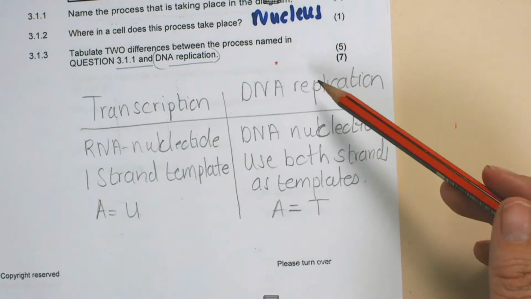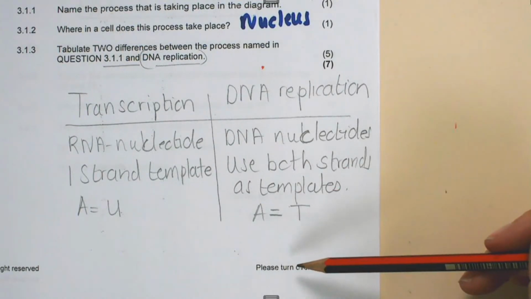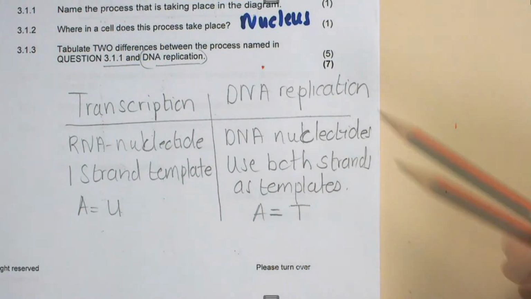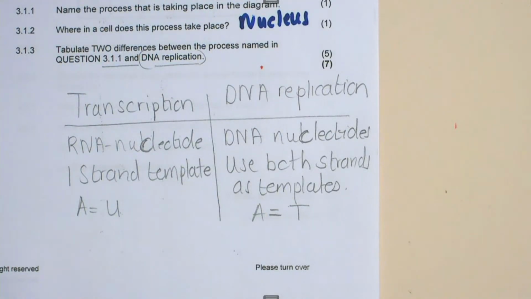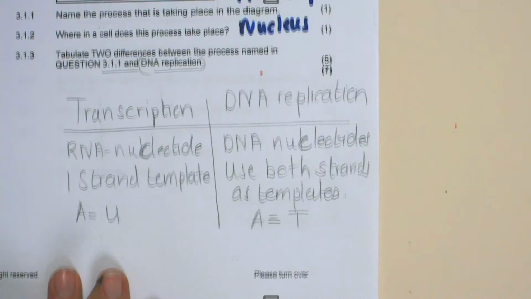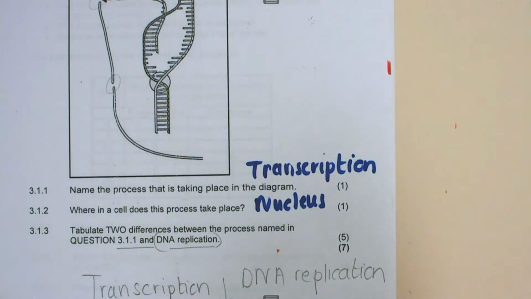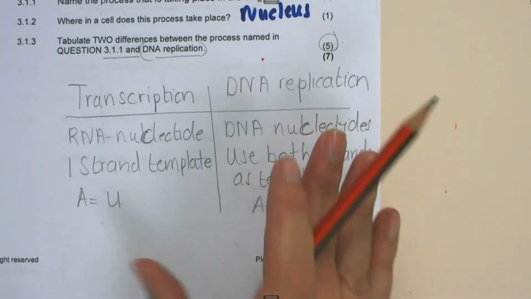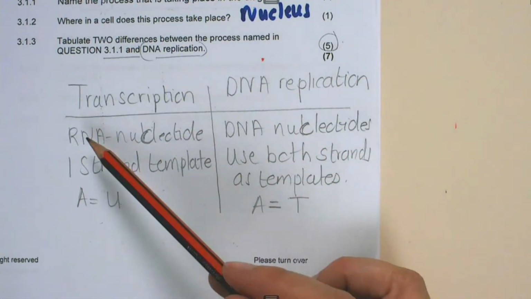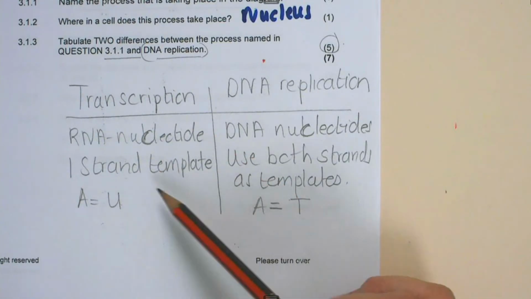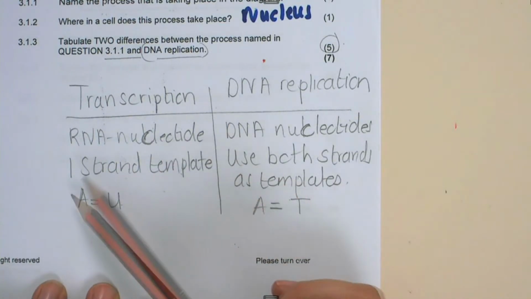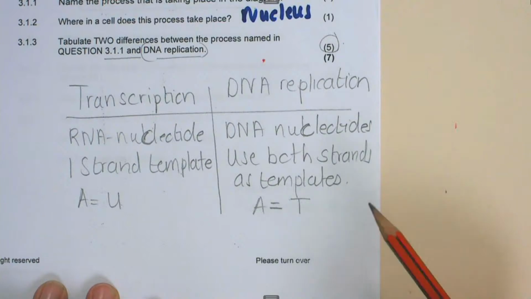In any case, I think I will start with those differences in teaching this important part of the difference between transcription and DNA replication. So if we go back there, just make sure it's 5 marks and just add on the differences. In transcription, we have RNA nucleotides. We have 1 strand that is a template, and adenine is combined with uracil.